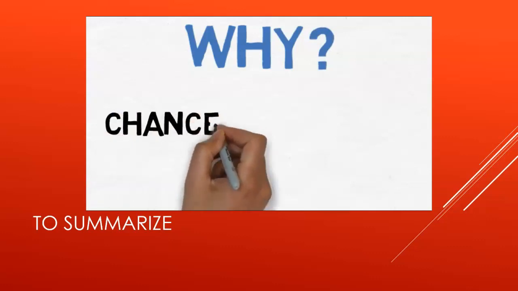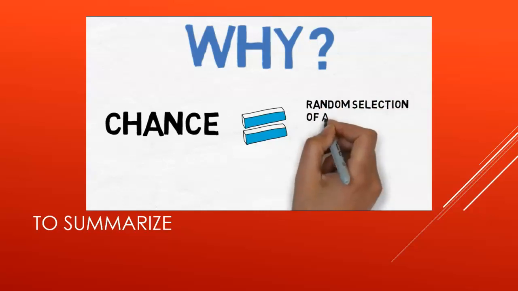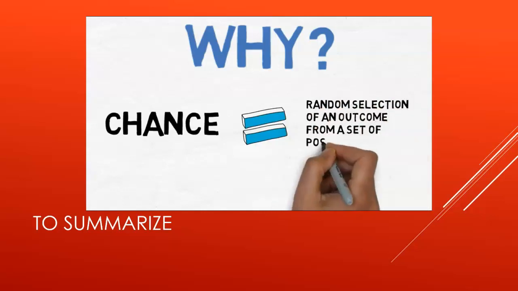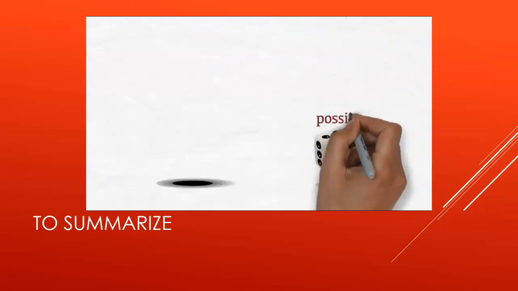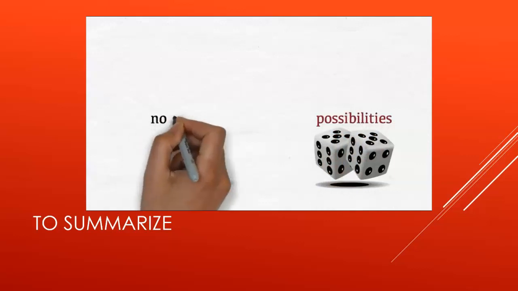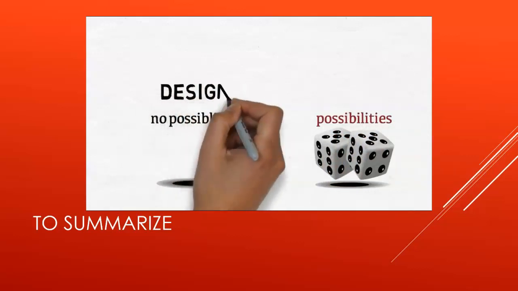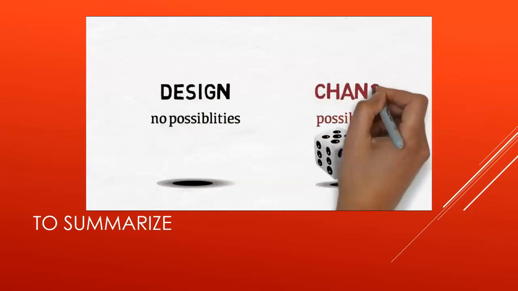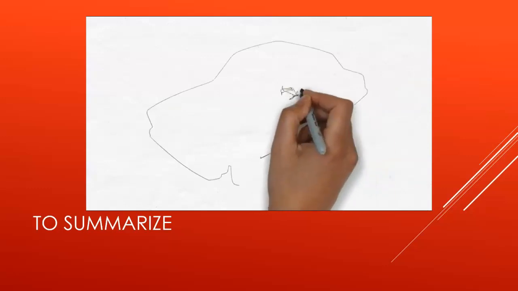Why is this? Simply put, this is because the definition of chance is the random selection of an outcome from a set of possibilities. When, however, there are no possibilities, because nothing yet exists, then how can there be a selection of them? Thus, the only possible origin of anything is design, not chance.